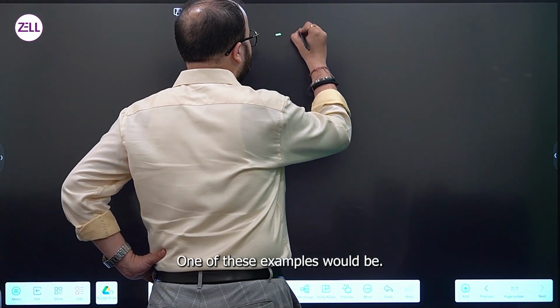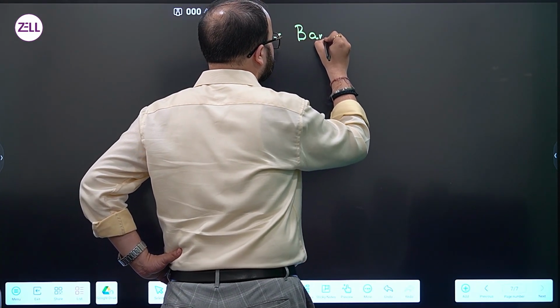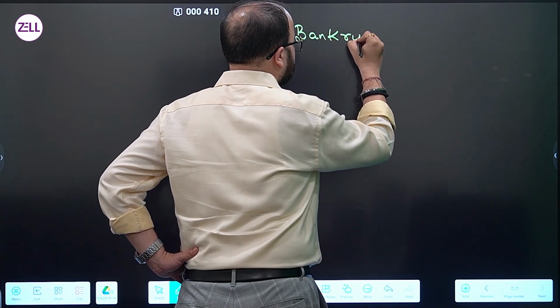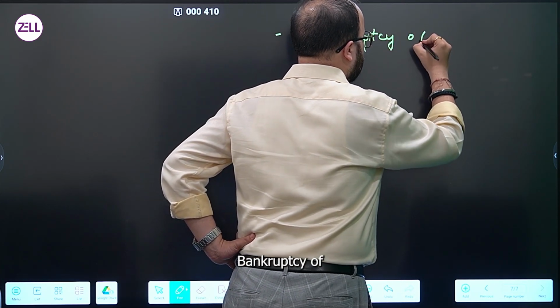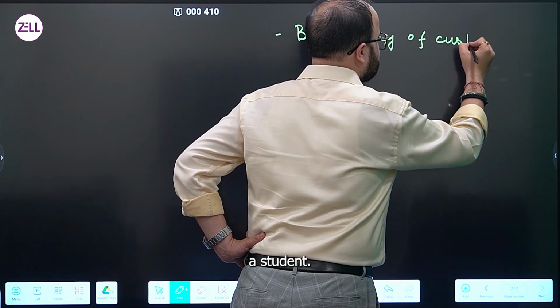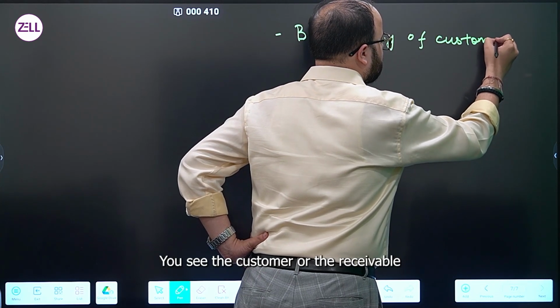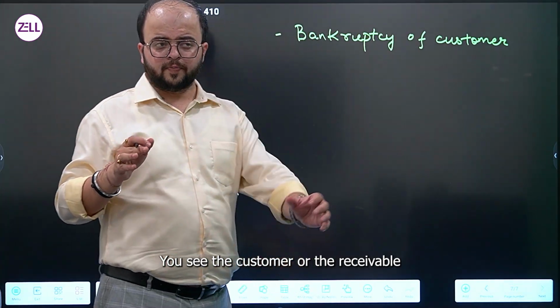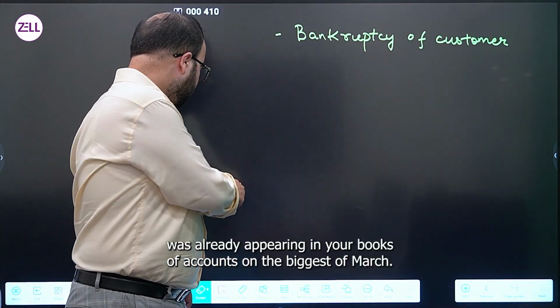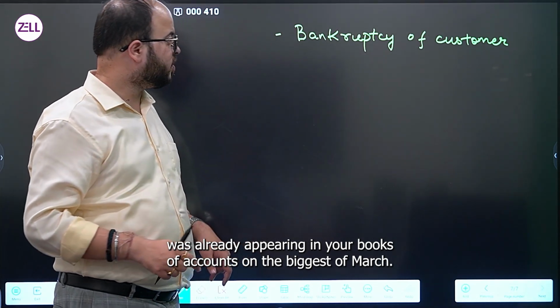One of these examples would be bankruptcy of a customer. See, the customer or the receivable was already appearing in your books of accounts on 31st of March.